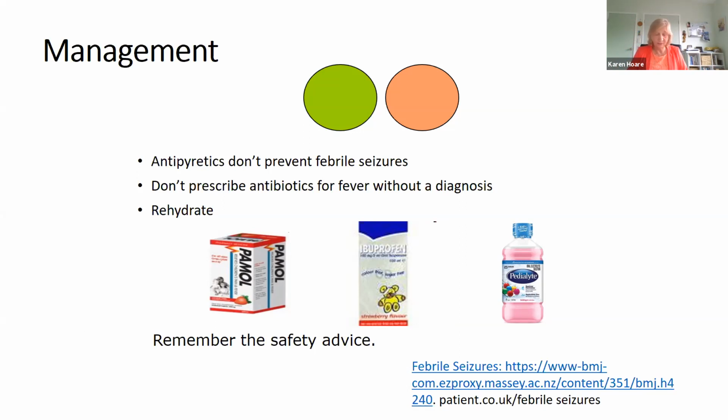So it was previously thought, and I suggested last week, that the rapid onset of a temperature contributed to febrile seizures. That is incorrect. They have disproved that. Prophylactic antipyretics do not reduce the risk of recurrence if a child's already had a febrile seizure.